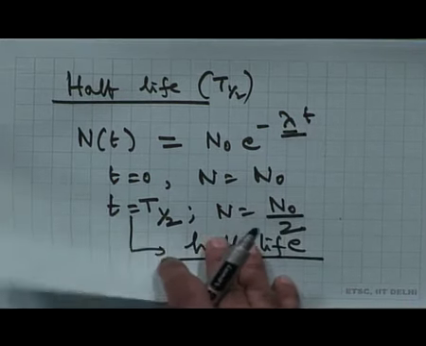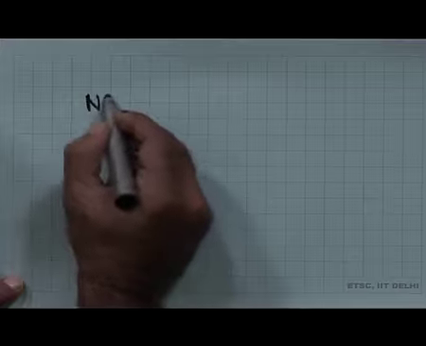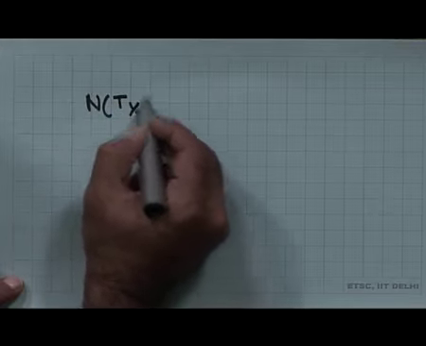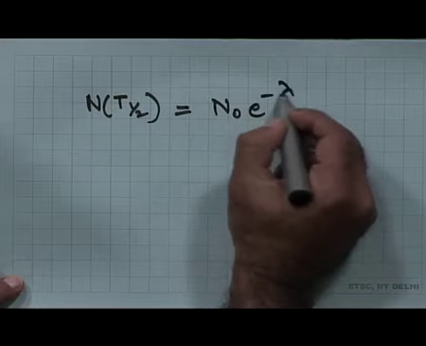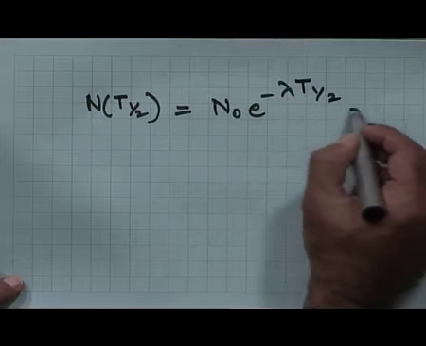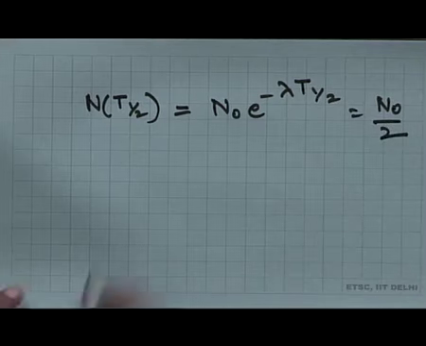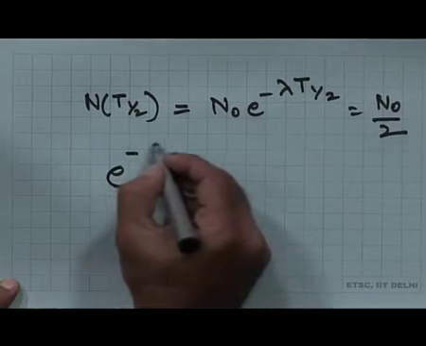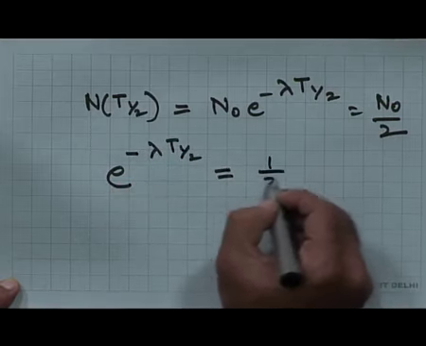So, let us calculate that. We are interested in n of t half, which is n naught e to the power of minus lambda t half, equal to n naught by 2. Therefore, e to the power of minus lambda t half is equal to half.